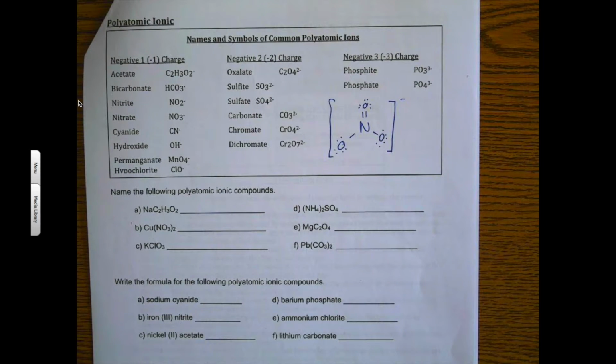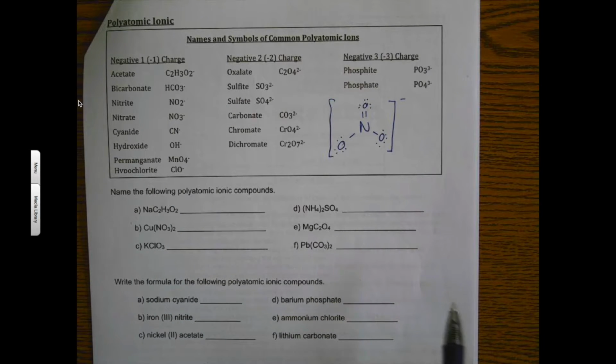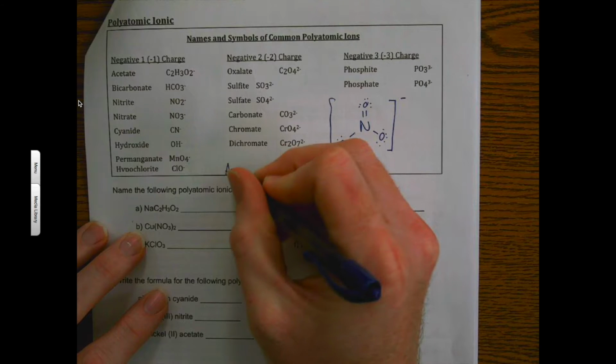So that's why it's a -1 charge, and it's a whole group. And that ion will attract other cations. So you'll see that the only positive one on this list is ammonium.